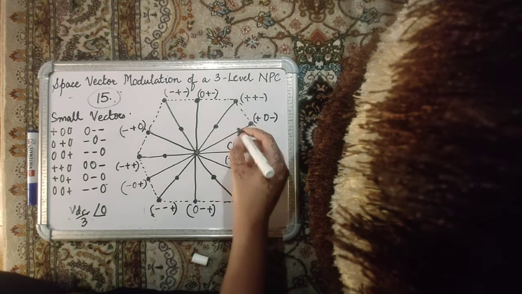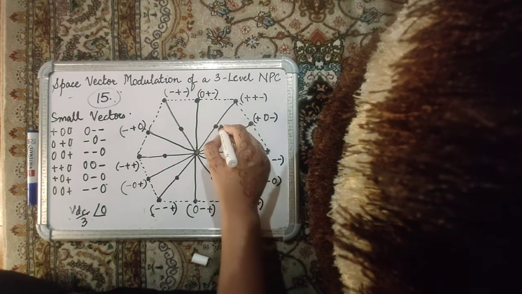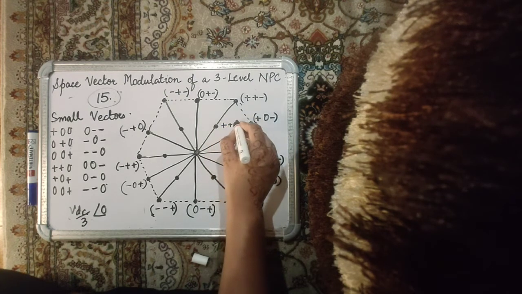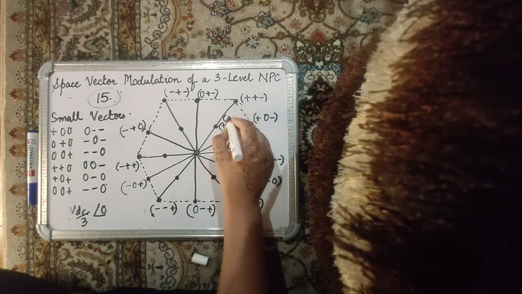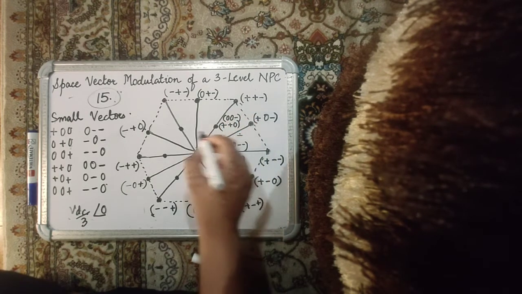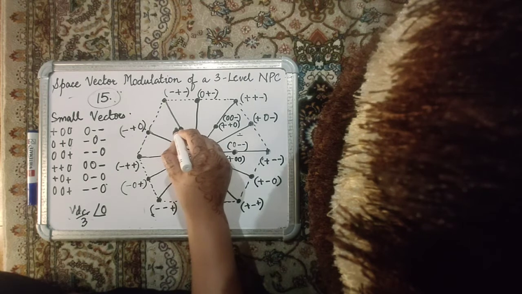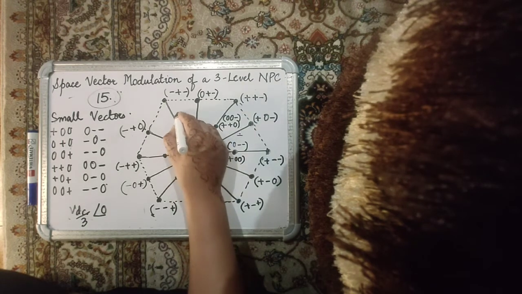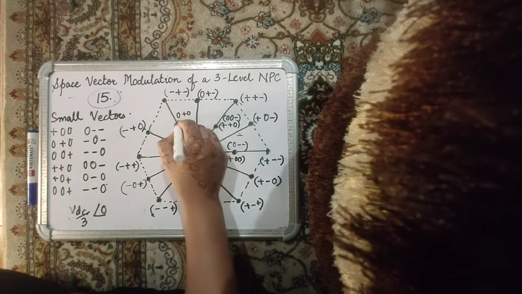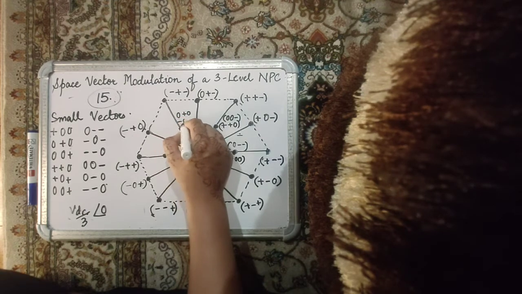Similarly, this particular state over here is plus 0 plus 0, and it is also 0 0 minus 0 0 minus. Similarly, this state over here is 0 plus 0 0 plus 0, and it is also minus 0 minus.